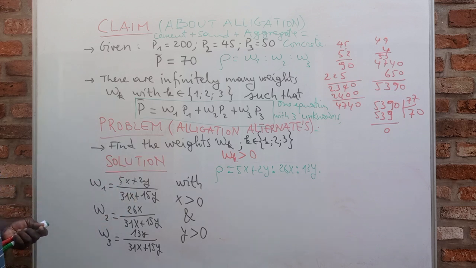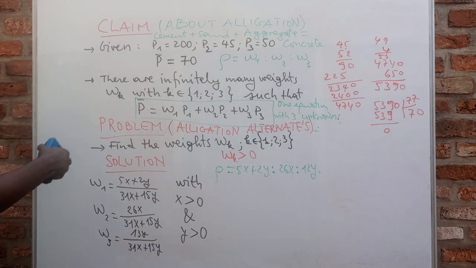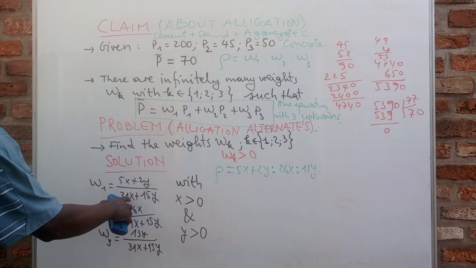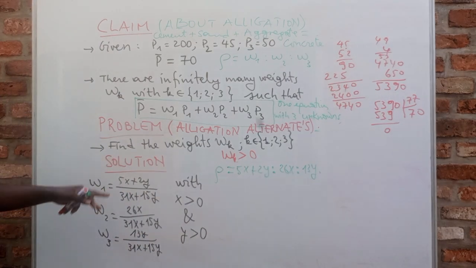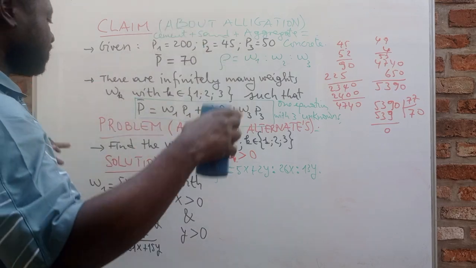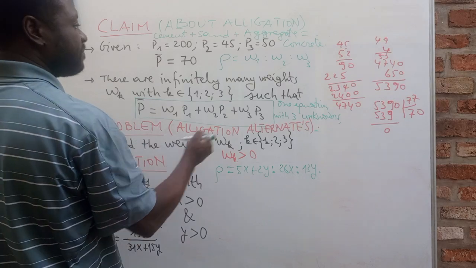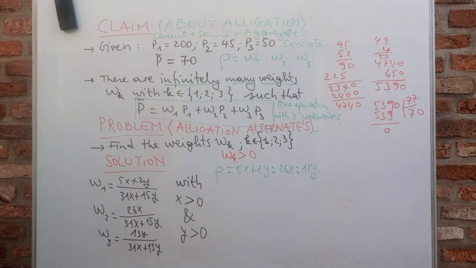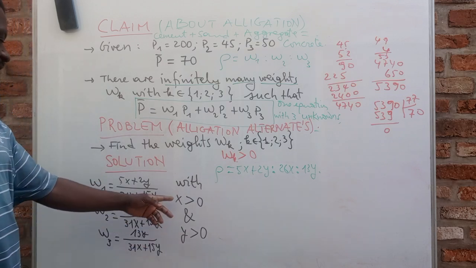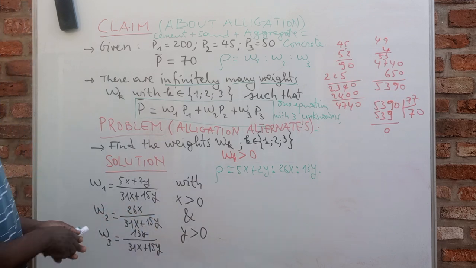We can look for other ways with different coefficients. But this is one of the solutions which gives the opportunity to have all other weights, infinitely many, if we take arbitrary values of x and y.